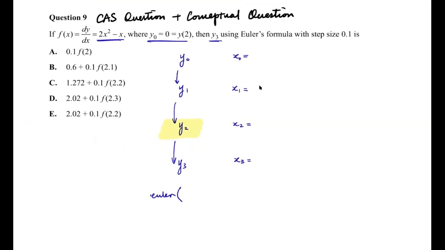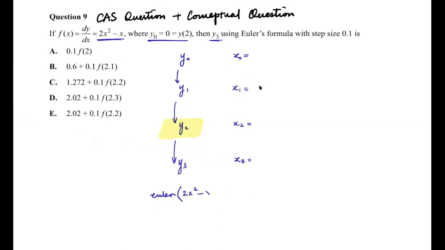Let's have a look. 2x squared minus x, comma, x, comma, y, comma, curly bracket. We start from 2. This is my initial x value. I need to figure out y2 first, and y2 corresponds to x2. So let's fill in the pattern: 2, 2.1, 2.2. This is my target x value. My initial y value is 0. Step size is 0.1, okay?